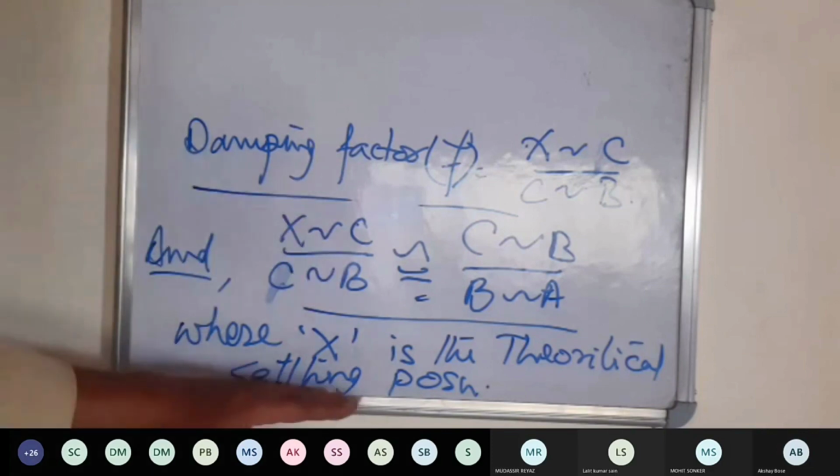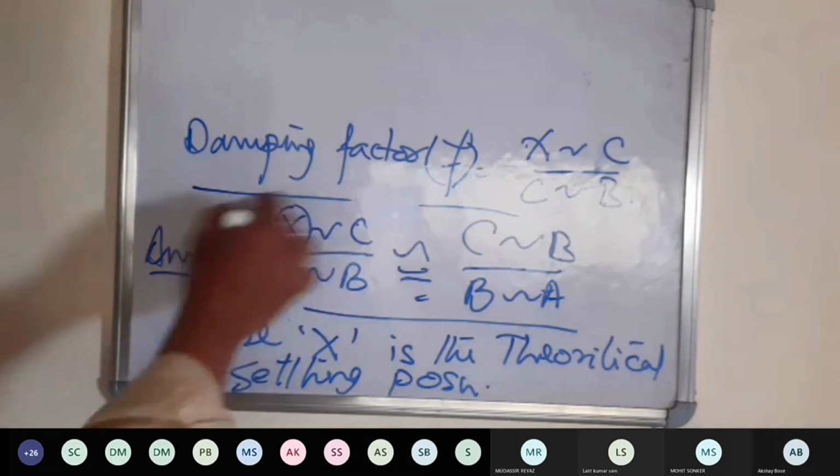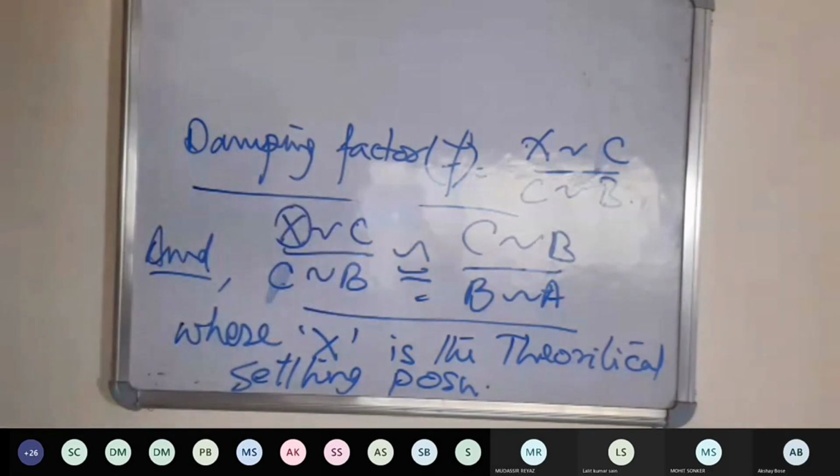Next line. इसी के बाद the theoretical settling position within bracket TSP, the theoretical settling position can be calculated mathematically. That X can be calculated mathematically.